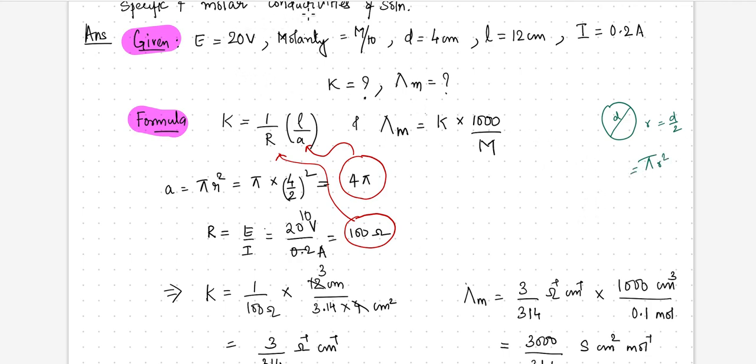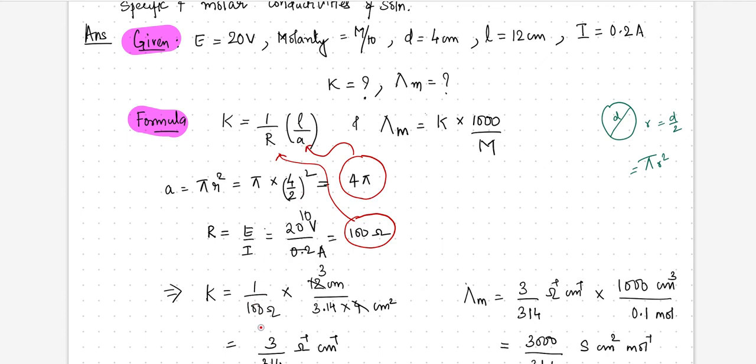You have been learning about the various shapes and their areas, so you know that. So it is simply pi multiplied by 4 by 2 the whole square, so it comes out to be 4 pi, and that you can substitute here as A.